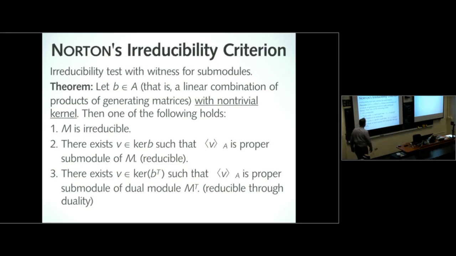Because it tells us we don't need to run through all vectors. Well, that certainly would work. If there is a proper submodule, there must be a vector in a proper submodule, so we could run through all vectors. But all of them are quite a lot. So, we will hope to find elements where the null space is quite small. And this is telling us you only need to run through a much smaller search space.